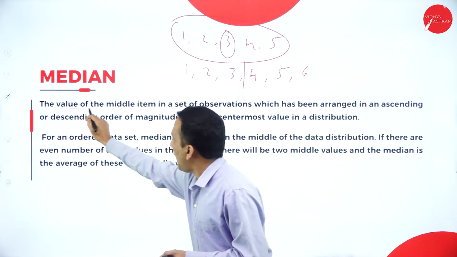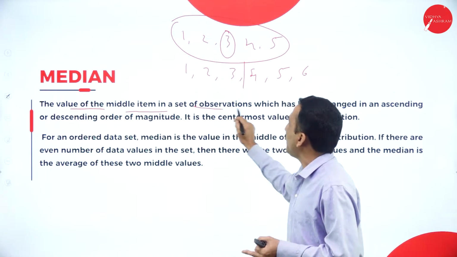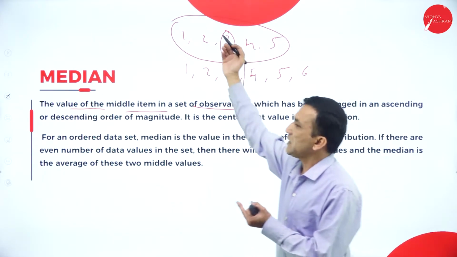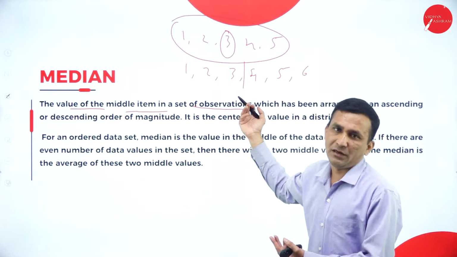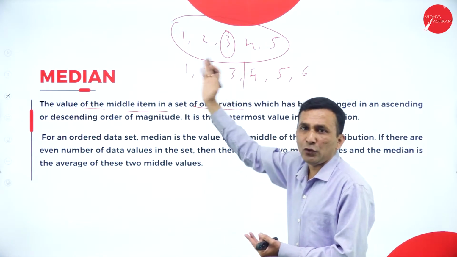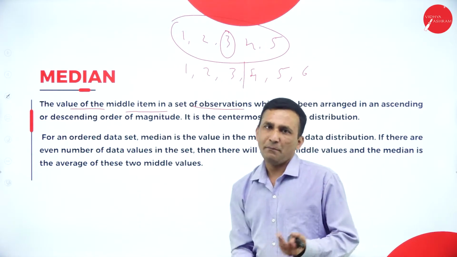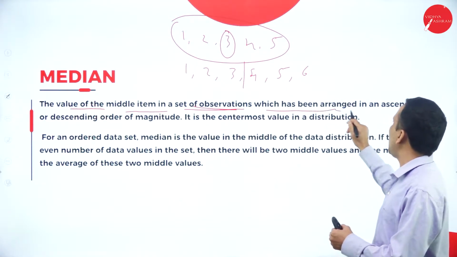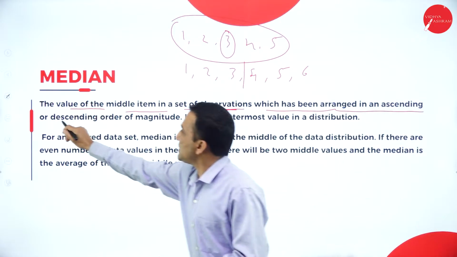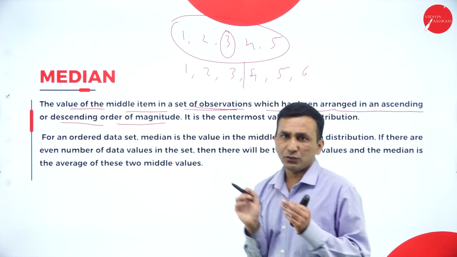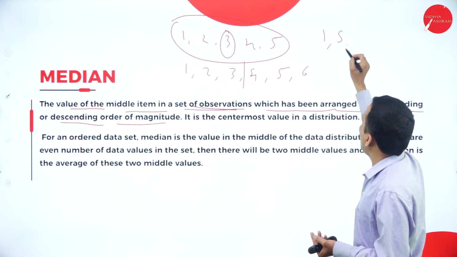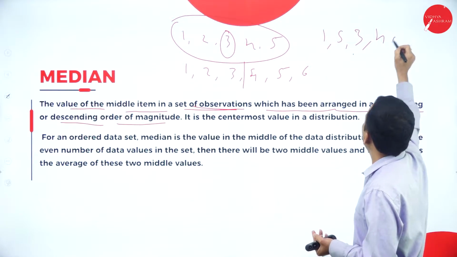So look at the value of the middle item in the set of observations. There are two sets of observations we are able to see: one is odd numbers and one more is even numbers. So when we are dividing into two parts, it is called the median. Clear? The set of observations has been arranged in ascending order or descending order from the magnitude. They can give an example, say 1, 5, 3, 4, 2.